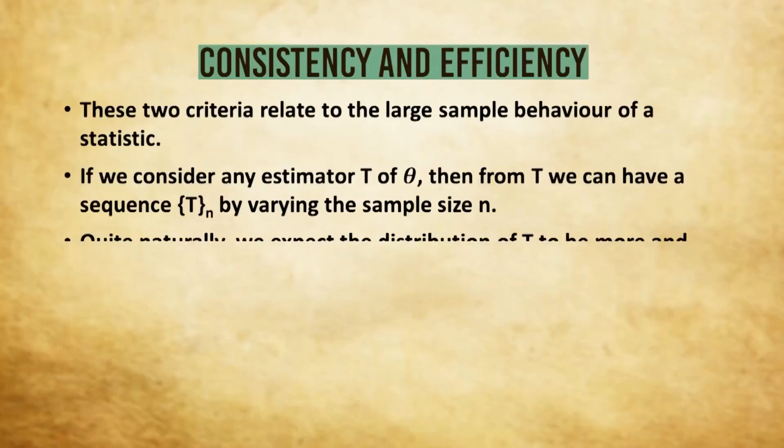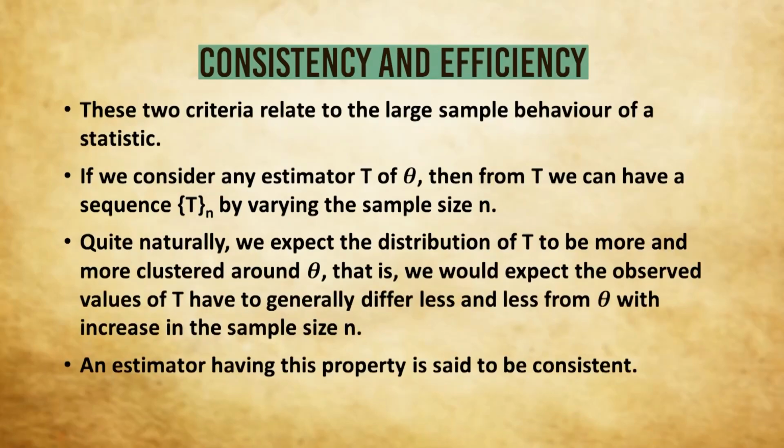Now we will go to two other concepts of estimation, which are called consistency and efficiency. These two basically deal with the large sample behavior of a statistic. If we consider any estimator T of theta, then from T we can have a sequence Tn just by varying the sample size n. If we increase the sample size, the estimator will change, incorporating more and more sample observations.